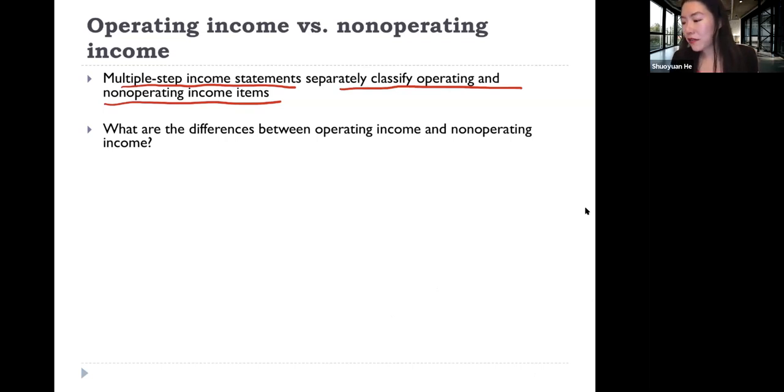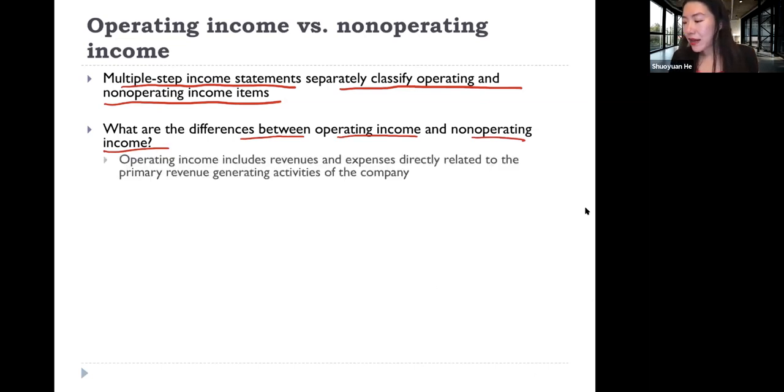And what are the differences between operating income and non-operating income? Operating income includes revenue and expense directly related to the primary revenue generating activities of the company.